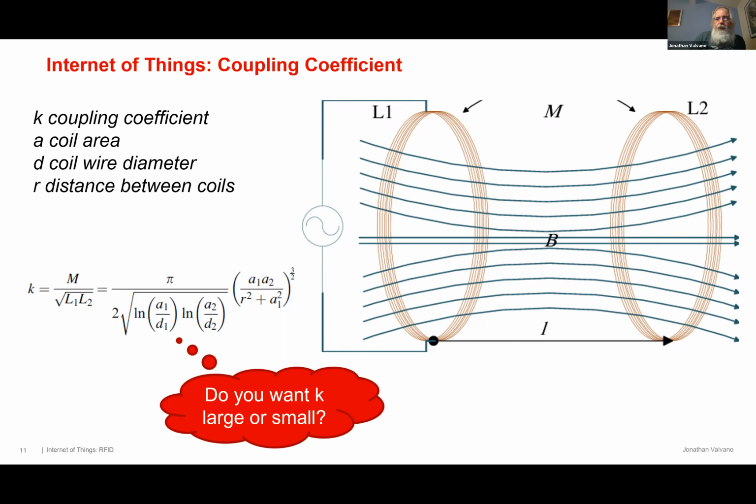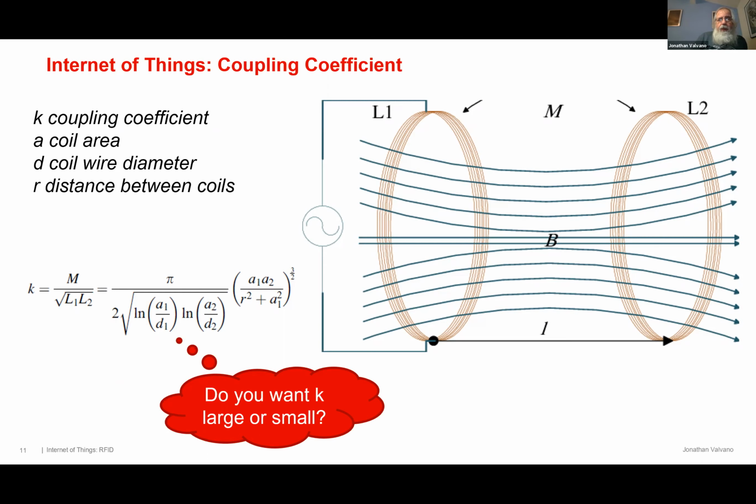Okay, A2 is going to be small because that's in our embedded device. And D is the diameter of the wire actually in the coil, and R here in this equation is the distance between the two.